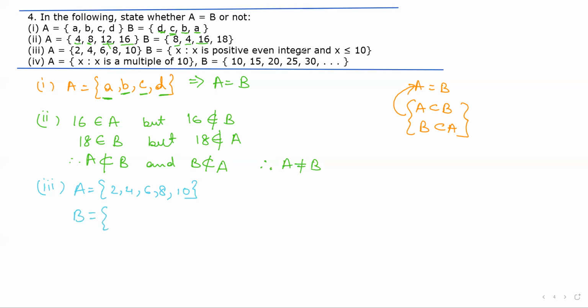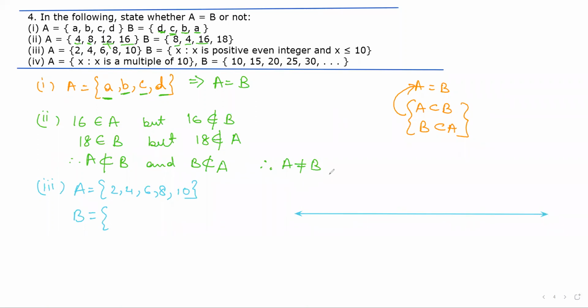x is a positive integer and x is less than or equal to 10. It's a positive integer, so on the number line, you're only supposed to consider integers which are on the right hand side of your origin.